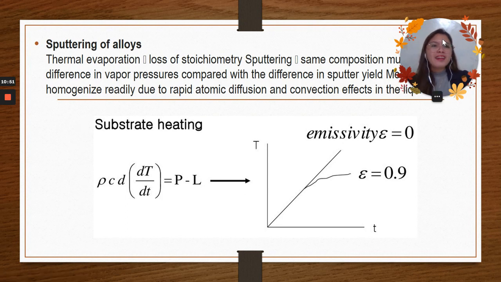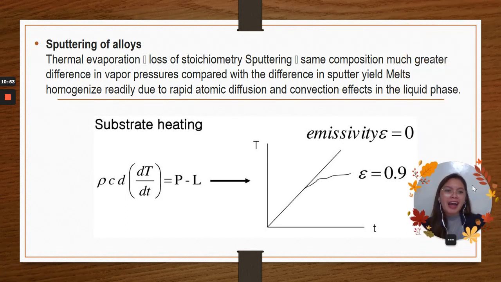So what about the sputtering of alloys? Here we have the thermal evaporation loss of stoichiometry versus sputtering. Same composition, but a much greater difference in vapor pressures compared to the difference in sputter yield mass. Homogenized readily due to rapid atomic diffusion and convection effects in the liquid phase.